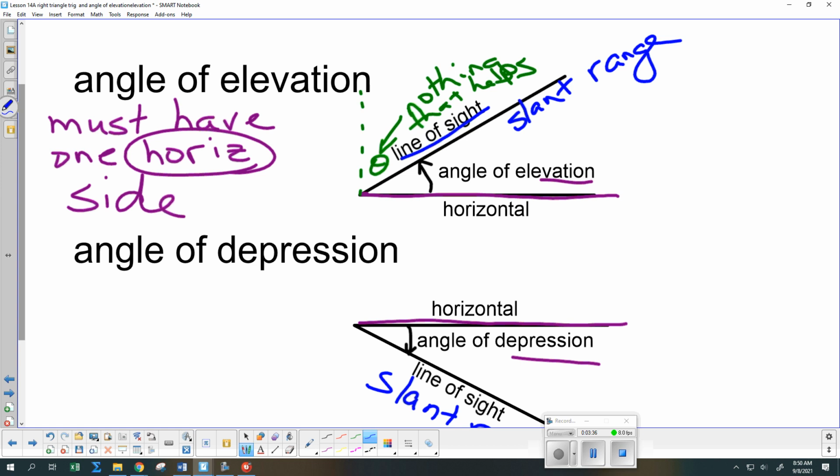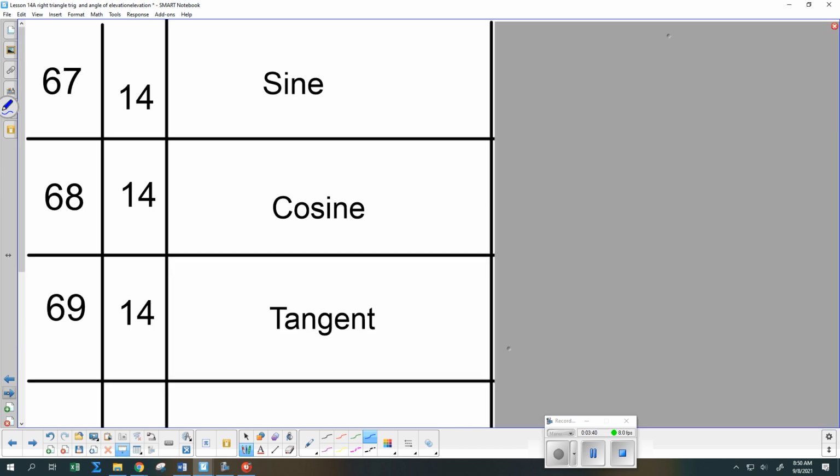It is indeed Sohcahtoa. I have no idea how you memorize these in German, but we remember Sohcahtoa just to help us keep straight which one is which.